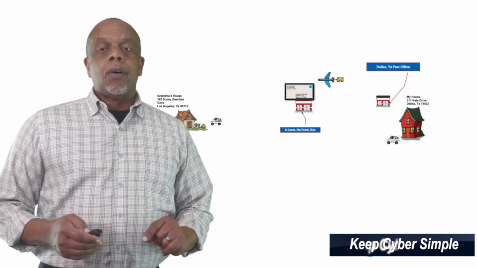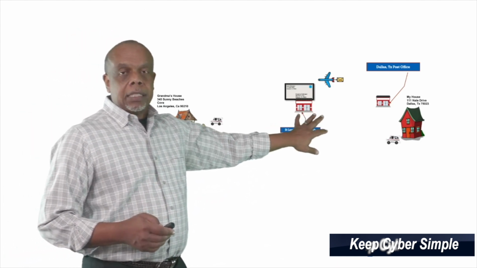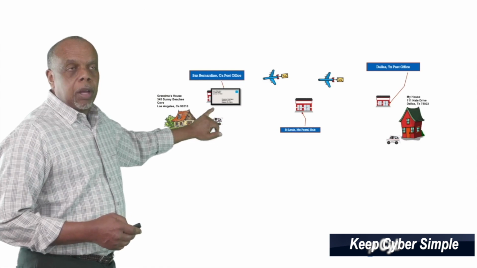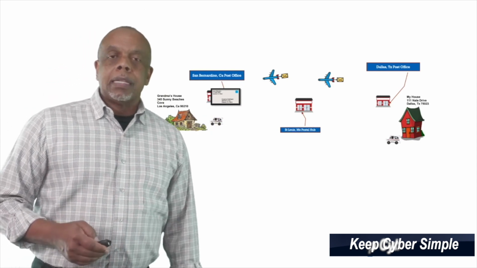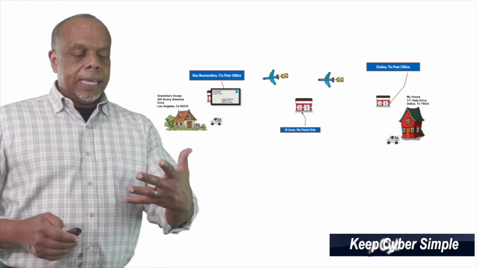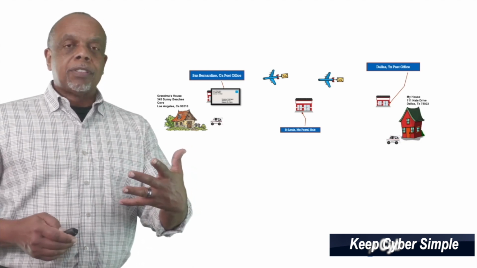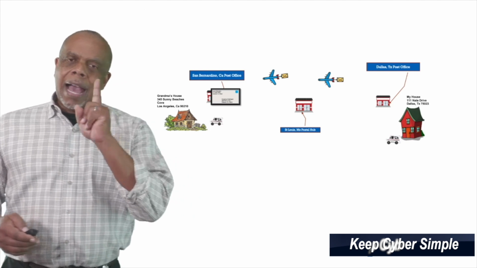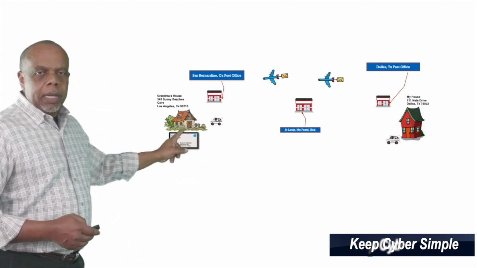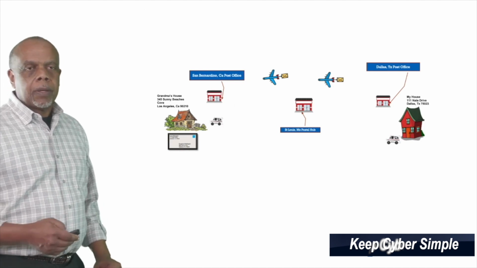And I know how to get it there. So it takes this letter and it routes it to a local post office in San Bernardino. And it looks at it and goes, oh, I got it. Hey, 345 Sunny Beaches Cove, I know exactly where that is. And it puts it on layer 2, I'm on layer 1, and sends it to my grandmother's house.